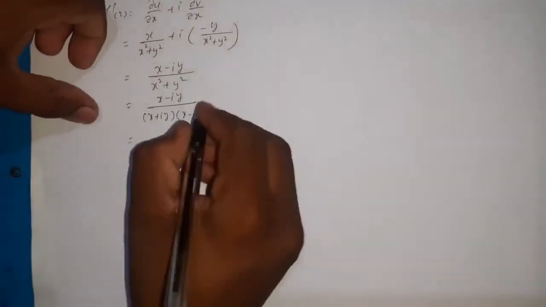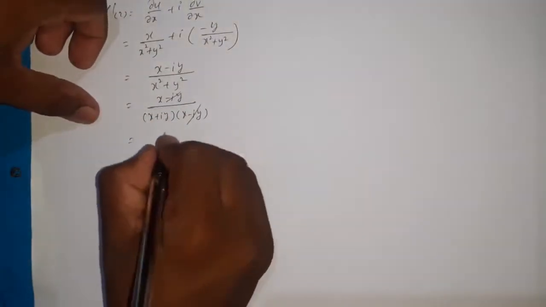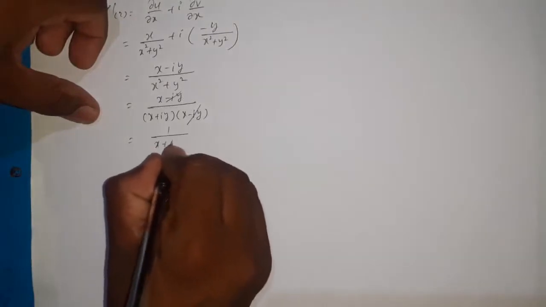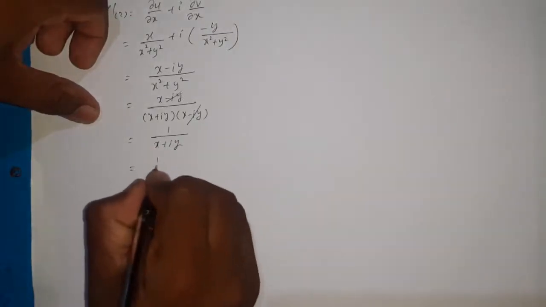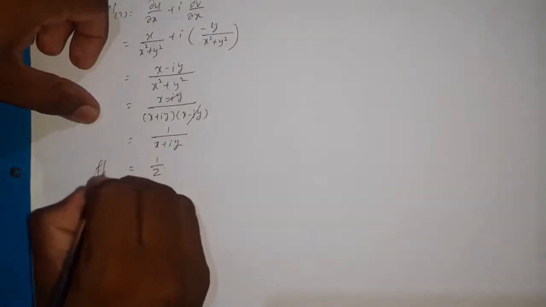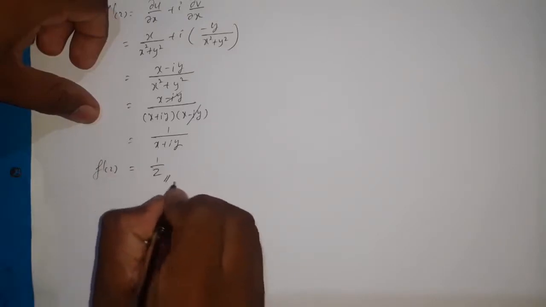So here x − iy gets cancelled, it is 1 divided by (x + iy), hence it is equal to 1/z, that is f'(z).